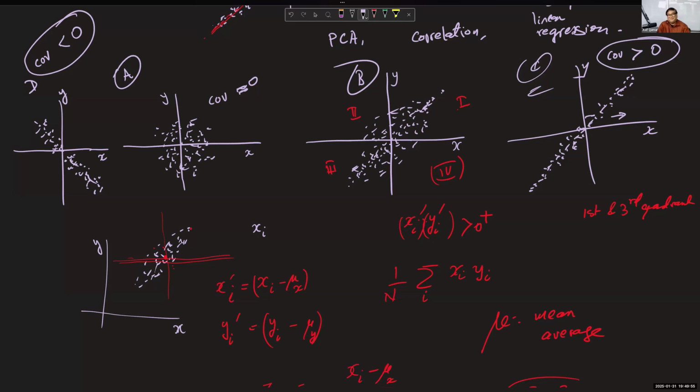A latent variable. Very good. That x and y may be caused by an underlying variable, which is suppressed in this case, which you don't see, which is not there in the data. So, for example, suppose you couldn't see temperature, and you would just look at the number of children on the beach and the number of adults on the beach. The more the children, the more the adults.